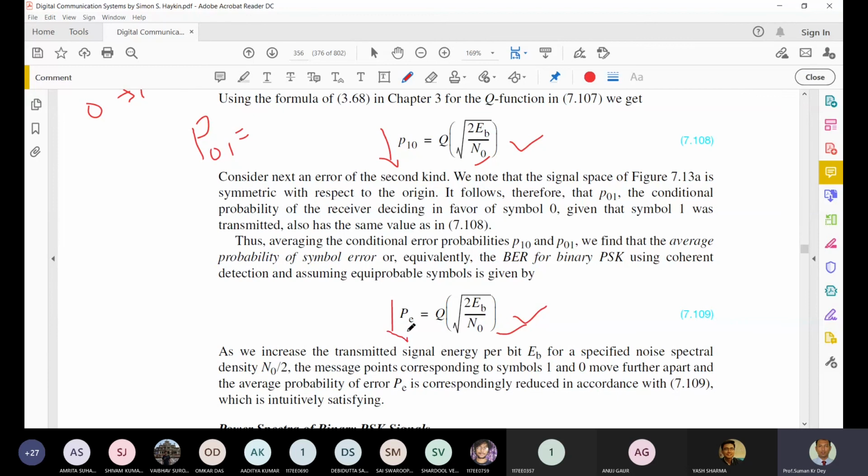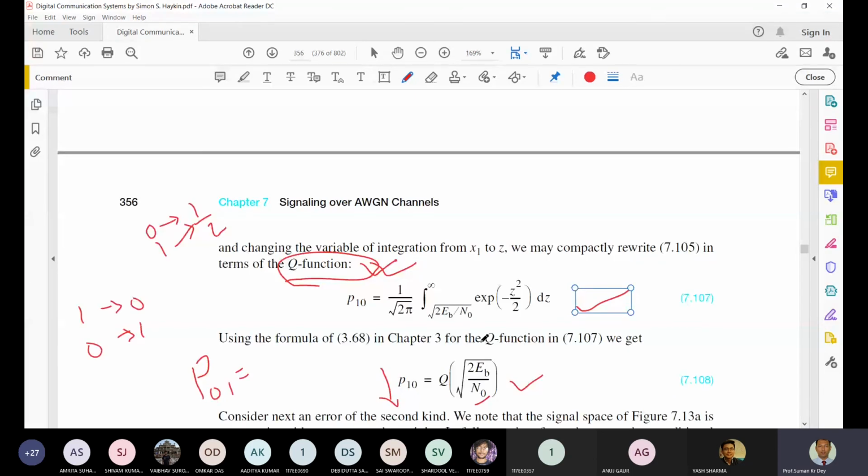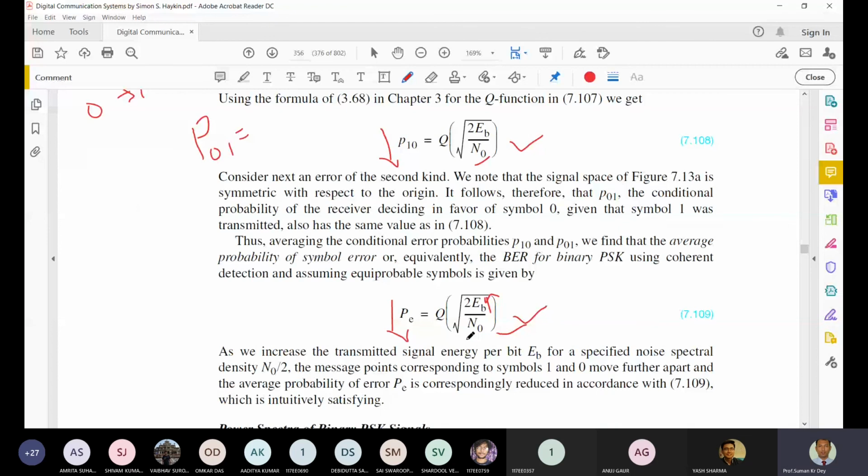Because in the Q function it is not a linear function. From the simple concept, what is the SNR?